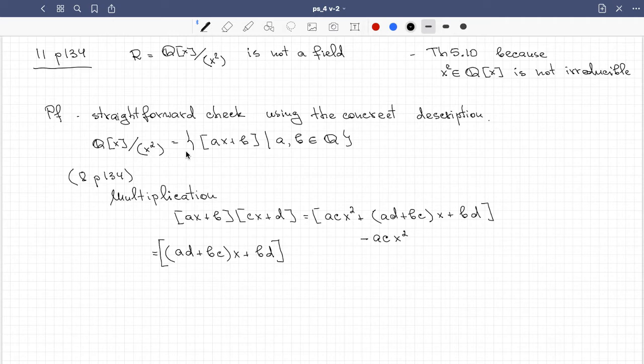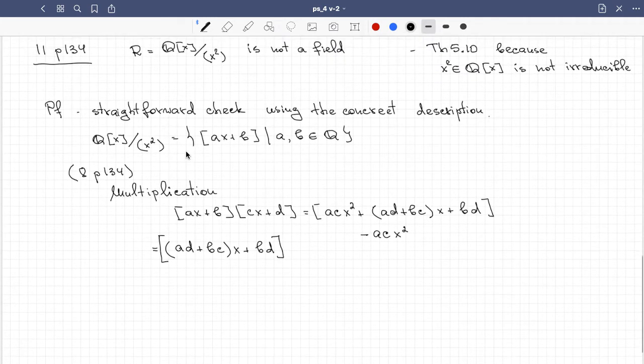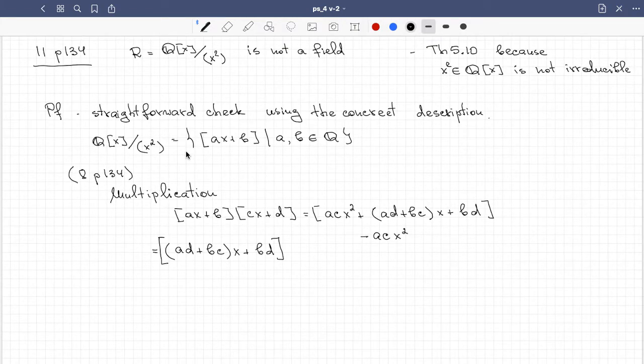I want to say that, after all, it is not a field. How is it not a field? R is not a field. We know that a field must be an integral domain.